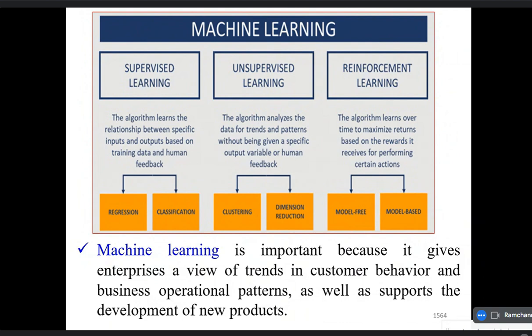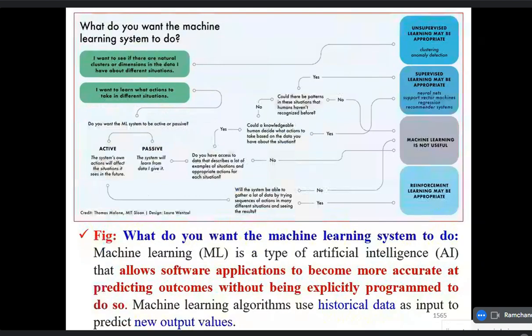Machine learning is important because it gives enterprises a view of trends, customer behavior, and business operational patterns, as well as supporting the development of new products. Then what do you want the machine learning systems to do? We have a number of algorithms.